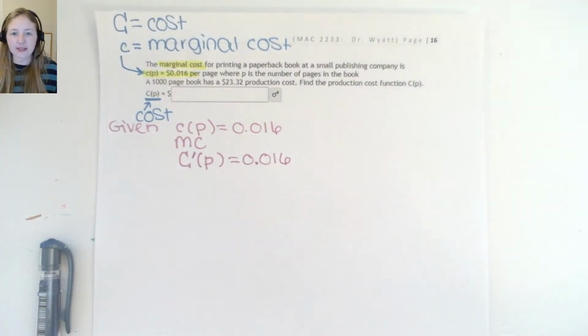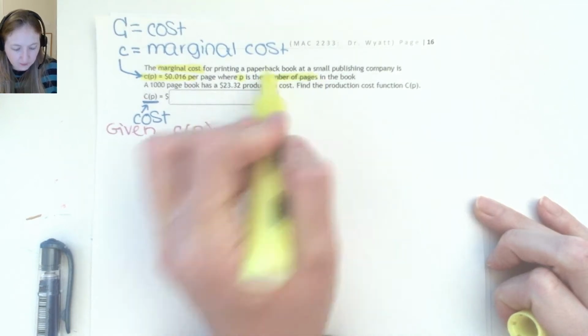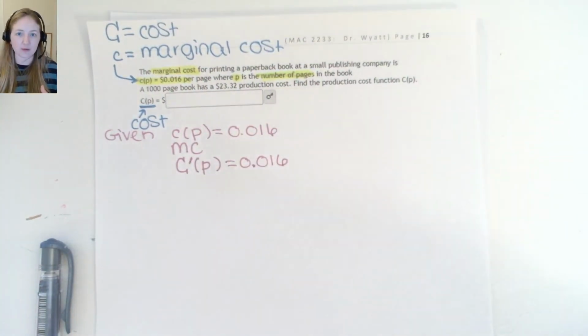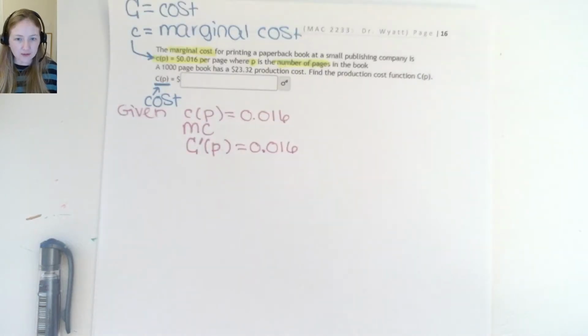Now, I always like to make a note of what my variables represent because they represent different things on all these different questions. Here, P is the number of pages. So it's not the price, it's the number of pages that they're producing. All right, so they tell us what the derivative is of the cost function.